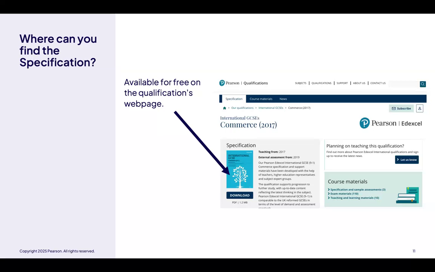That is on the International GCSE Commerce website. You will have a link for that, and the specification is available there and gives a whole lot more detail about that. And I'm going to start moving in now to some of the content breakdown, actually, in terms of what content is covered.